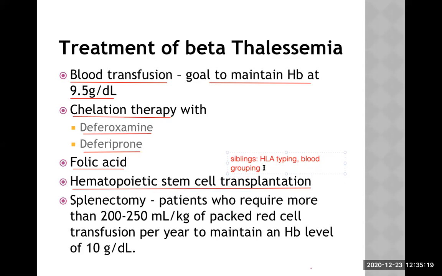This bone marrow is a substance present inside the medullary cavity of the bone, very commonly found in the flat bones. So they take a bit of bone marrow and give it to the patient just like a blood transfusion. But remember, before you transplant bone marrow, the bone marrow present in that patient should be destroyed completely. Then only the new bone marrow will be taken up by that patient.